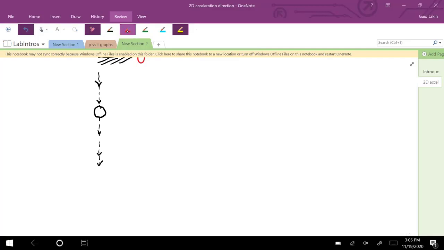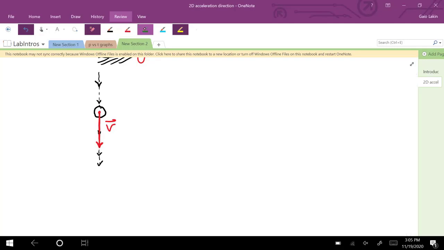Okay, so what can we say about the velocity and the acceleration vector at this point? Well, the ball is moving down, so the velocity is going to be down. So there is the velocity vector. And what can we say about the acceleration vector?